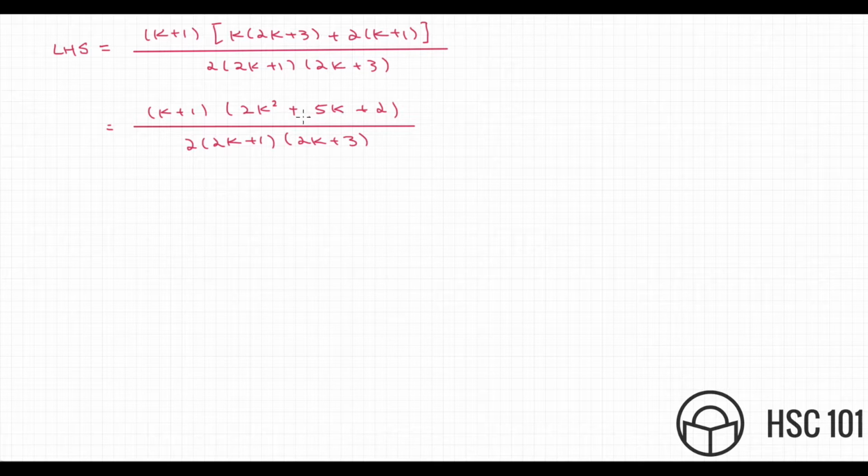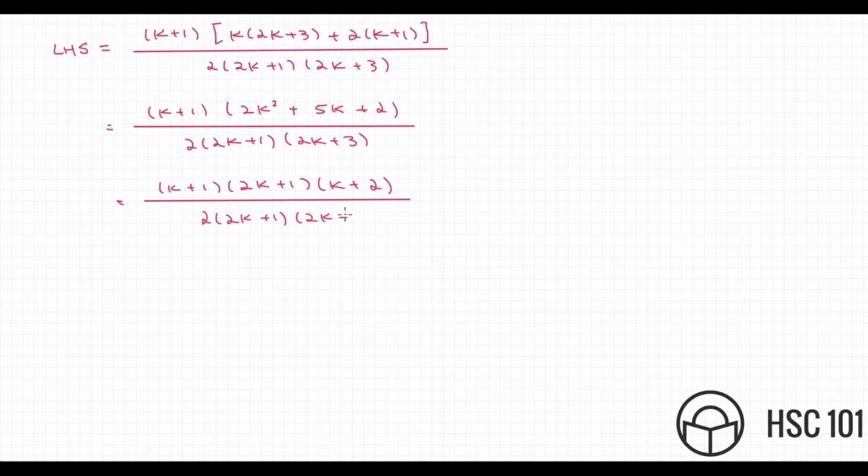And 2k squared plus 5k plus 2 can be factorized into (2k plus 1) times (k plus 2) over 2 lots of (2k plus 1) times (2k plus 3). And here we can see that there's a factor of (2k plus 1) in the top and in the bottom.